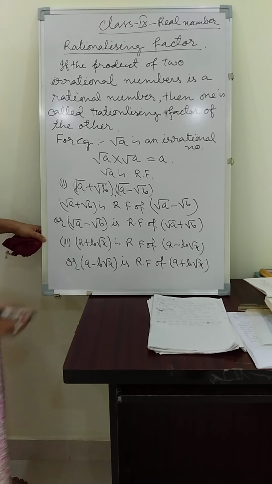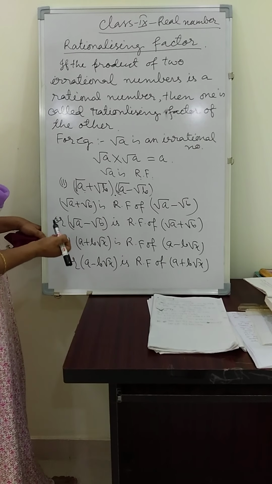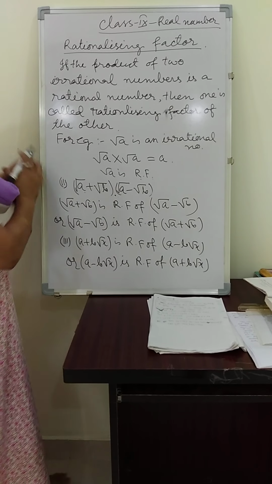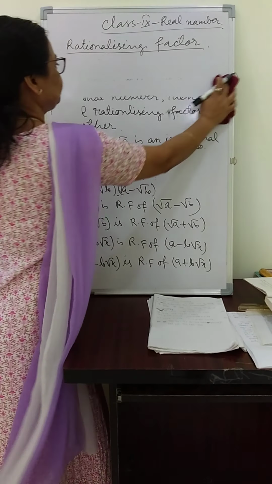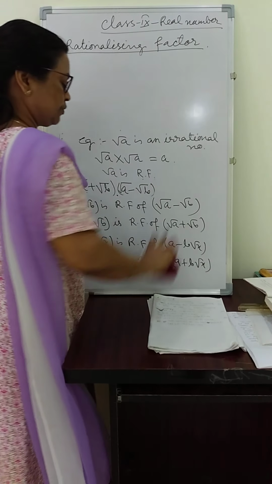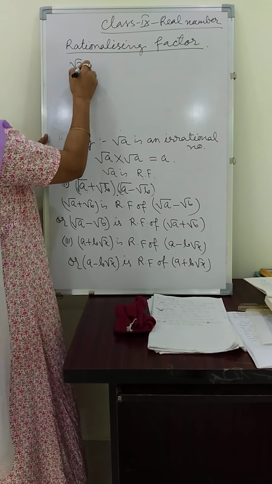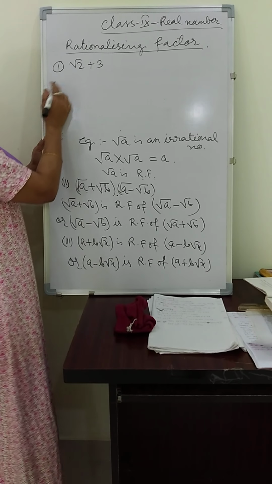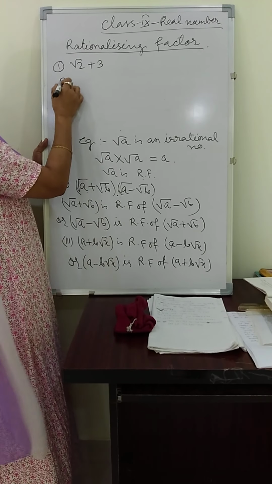So we may use numerical values, means numbers. Say, for example, if you are given root over 2 plus root over 3, one of the numbers you are given, what is its RF?